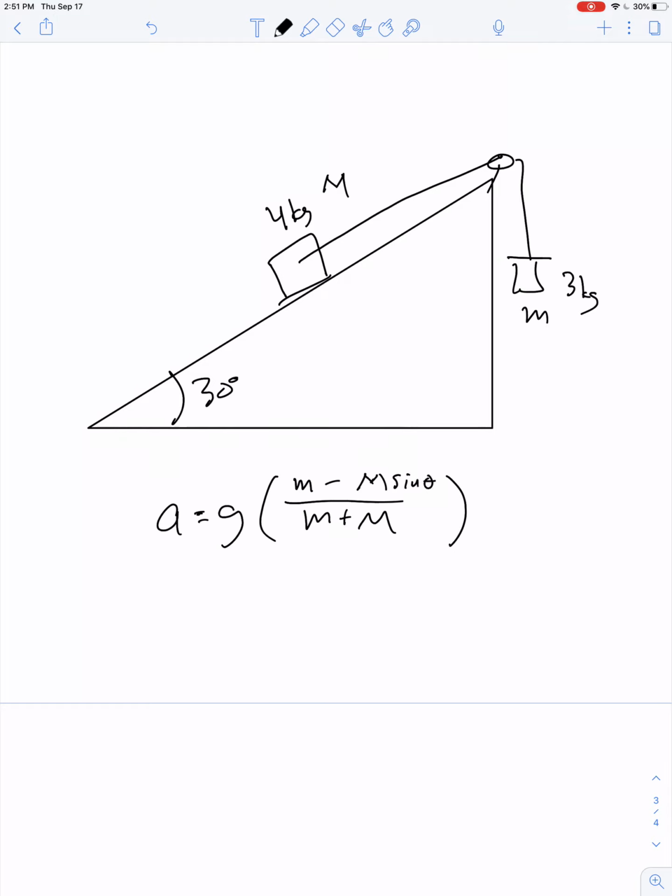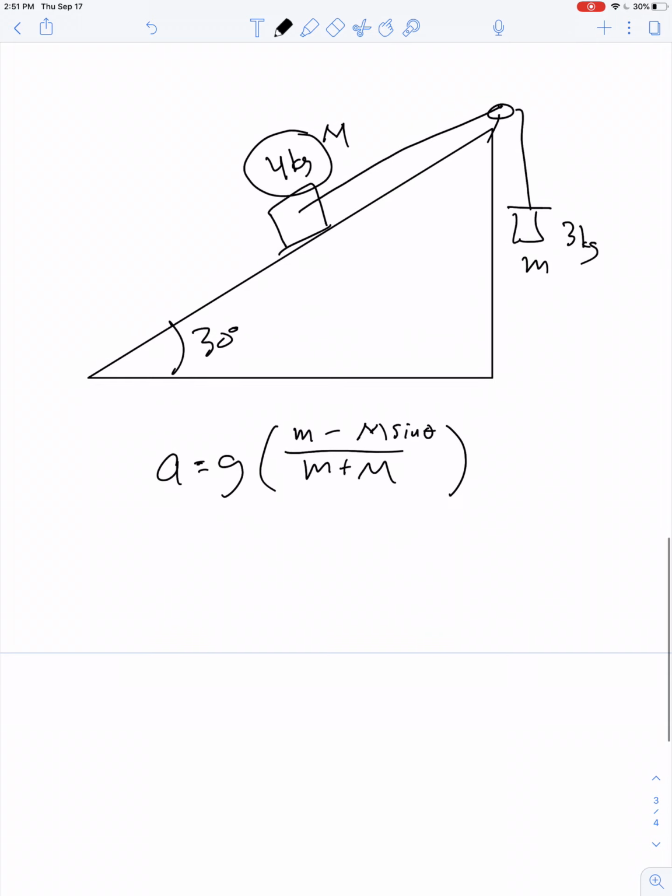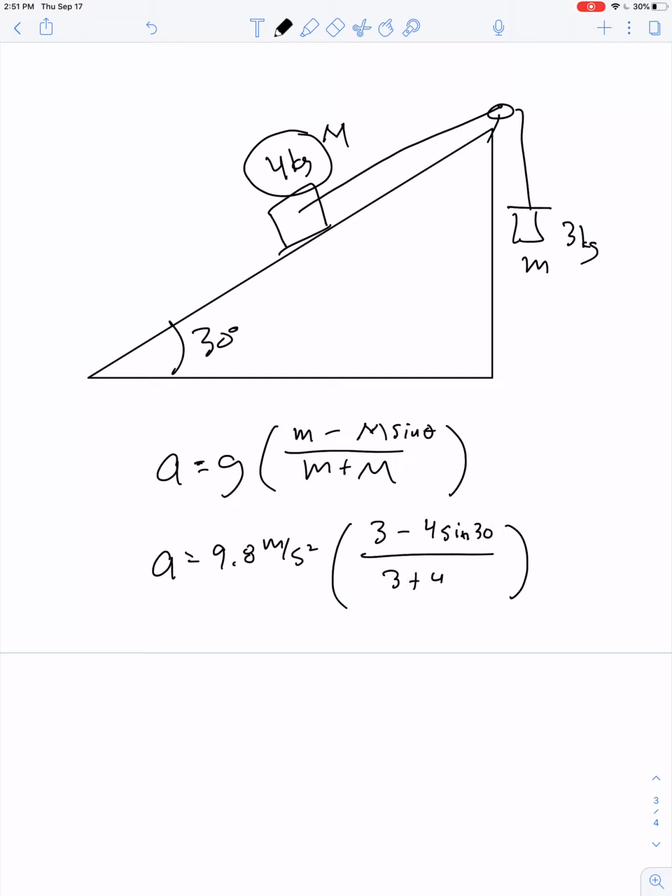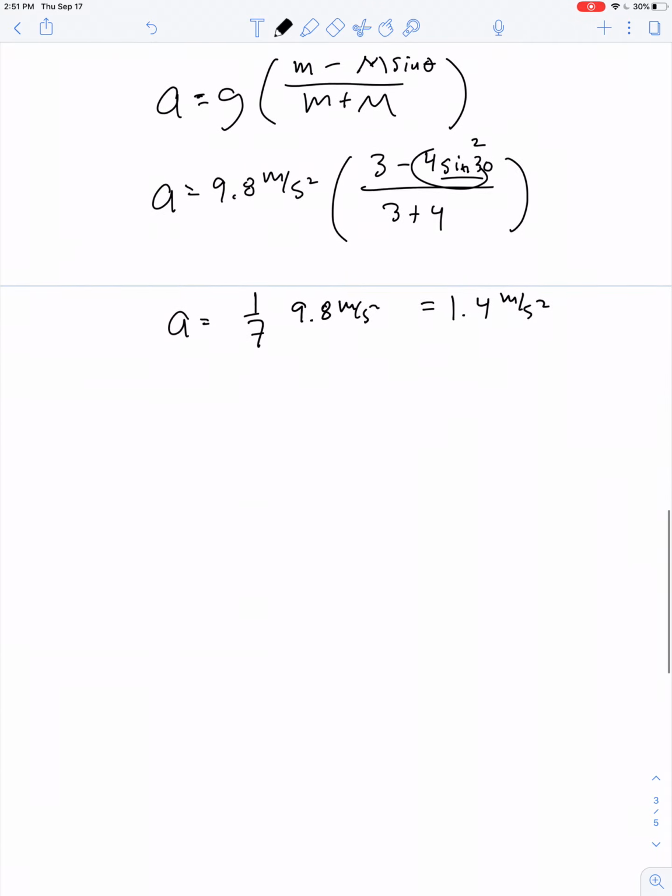It's only that component of the weight of this block that opposes the motion. So the acceleration is 9.8 meters per second squared times 3 minus 4 sine 30, all divided by 3 plus 4. Sine 30 is 1/2, 4 sine 30 would be 2, 3 minus 2 is 1. The acceleration is 1/7 of 9.8, which comes out to 1.4 meters per second squared.